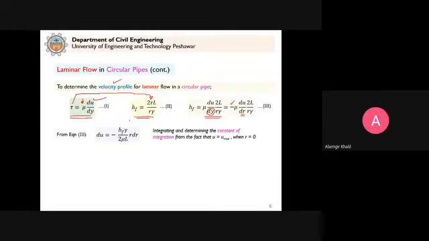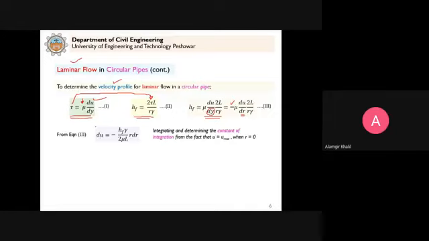If you want to plot a velocity profile, you have to plot it with the help of an equation. So we are looking to derive that equation that we can use to plot the velocity profile, and that equation can tell us what type of profile we can expect in the case of laminar flow.